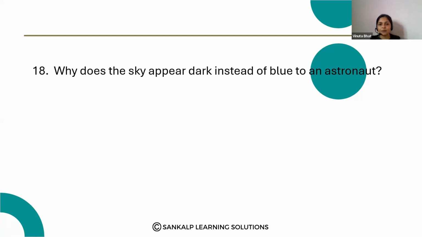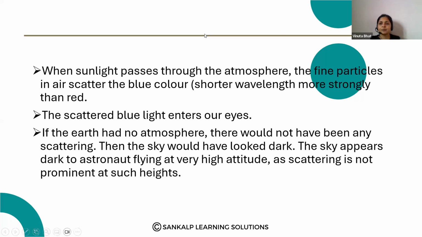Why does the sky appear dark instead of blue to an astronaut? The astronaut is not in the Earth's atmosphere. He is just outside the Earth's atmosphere. When the sunlight passes through the atmosphere, the fine particles in air scatter the blue color, and the scattered blue light enters our eyes. If the Earth had no atmosphere, there would not have been any scattering.